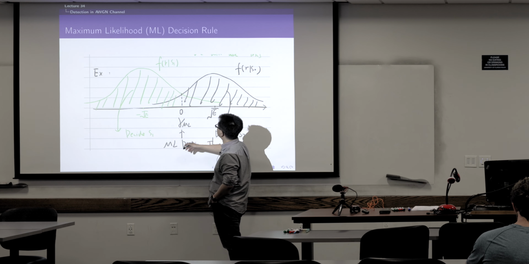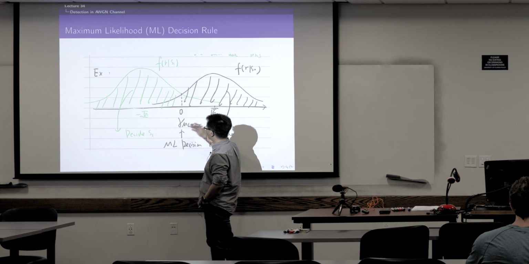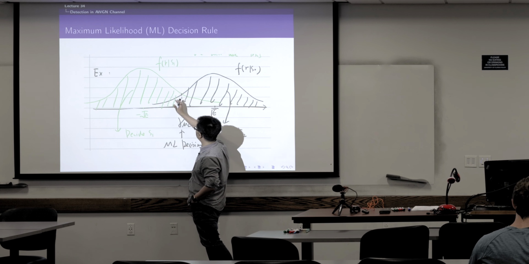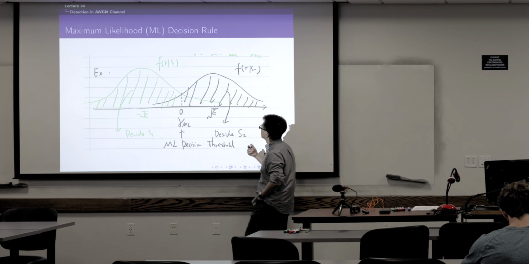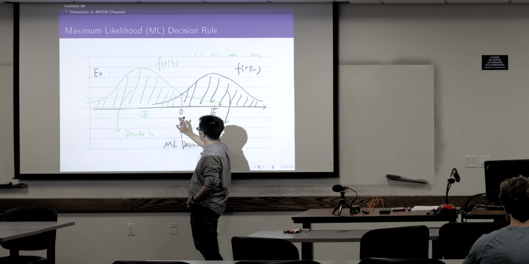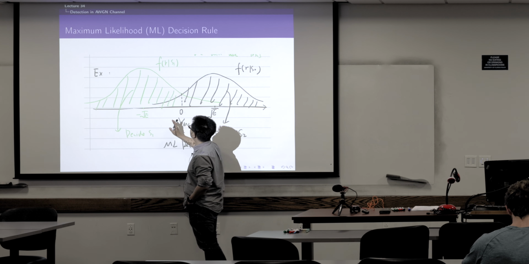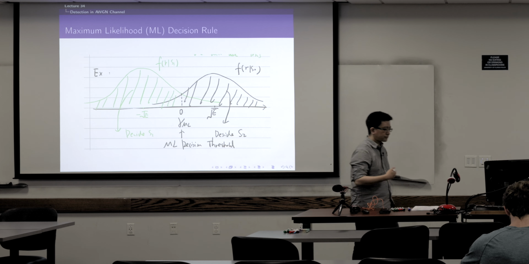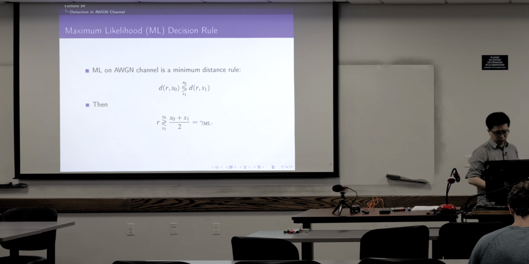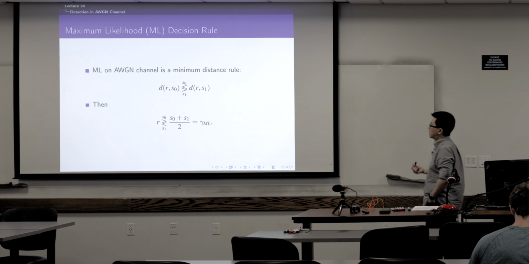In this case, equivalently, it's a threshold decision rule. If R is bigger than gamma ML, it means S0 sent. If R is less than gamma ML, it means S1 sent. So it becomes a threshold decision rule, and we derived this rule explicitly in our last lecture.